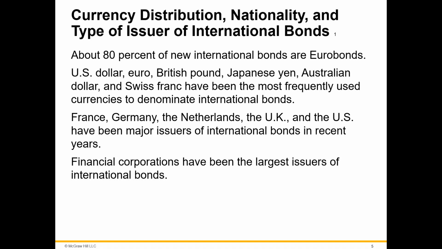So France, for example, or Germany, the Netherlands, the UK, right? I guess these are all major issuers, and these countries all have their currencies represented within that pool. But they're issuing bonds in currencies other than their own, right? So it's like kind of issuing in each other's currencies.